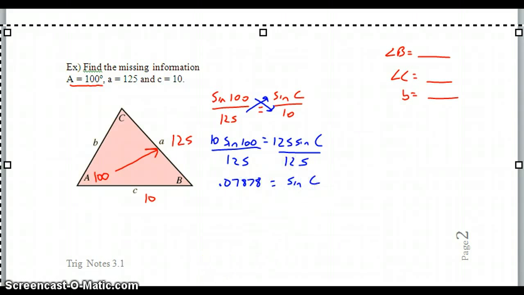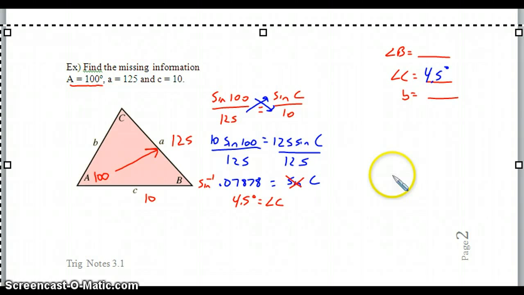But that's what the sine of C is. I don't want the sine of C, I just want the C, so I move the sine over by taking the inverse. I'm going to get 4.5 for C. So angle C equals 4.5 degrees.